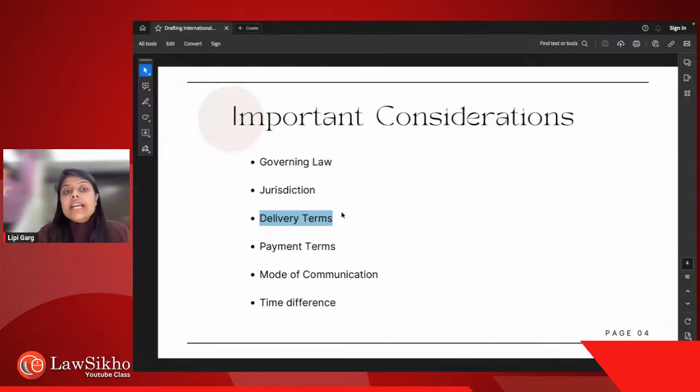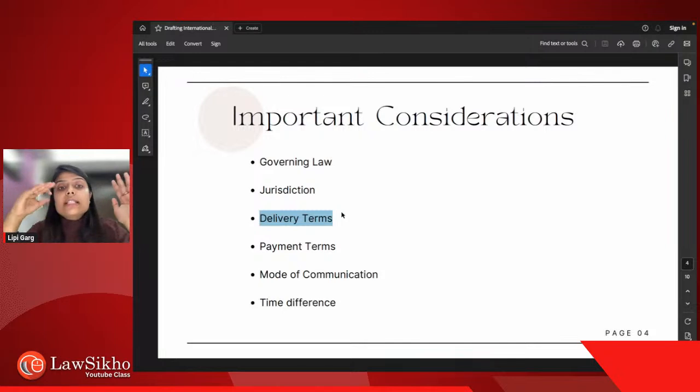So it will definitely happen when you are importing goods from China, because most of the goods come through ships via ports. So a lot of delivery terms are there, like when will the ownership or the title of the goods transfer from one party to the other, and when will the risk associated with the goods shift from one party to the other.